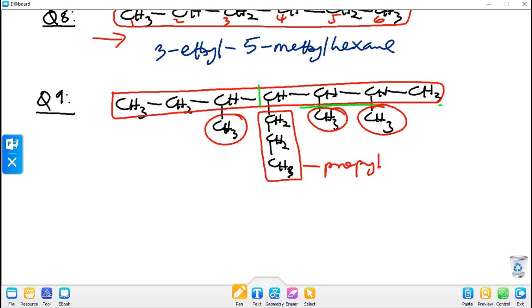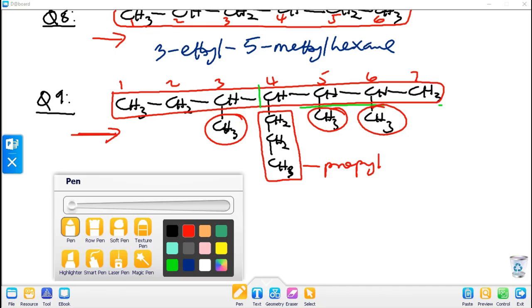So where do we take our numbering scheme from? From the left or from the right? If we take our numbering from the left, this will be carbon 1, 2, 3, 4, 5, 6, and 7. But if we come from the right-hand side, what will be our numbering scheme?